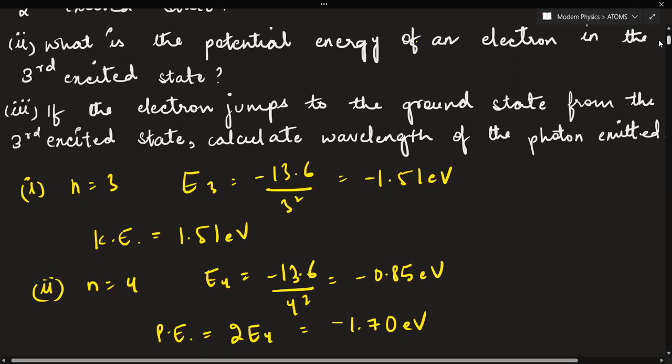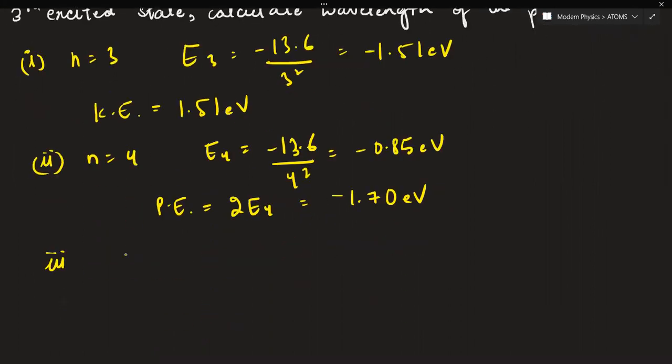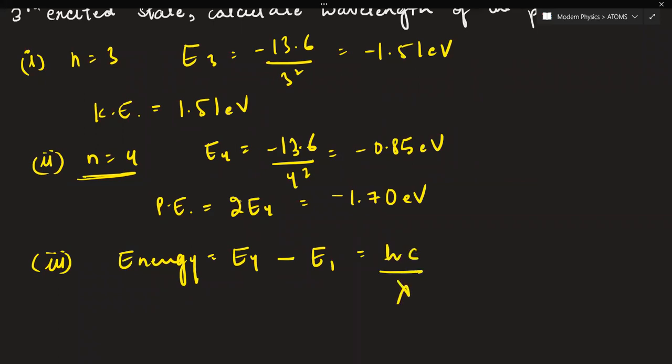The third excited state is E4 and the ground state is E1, so E4 minus E1 is equal to hc by lambda. From here, you have to find the wavelength.